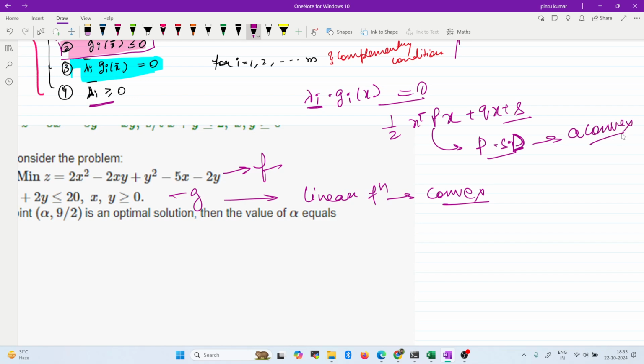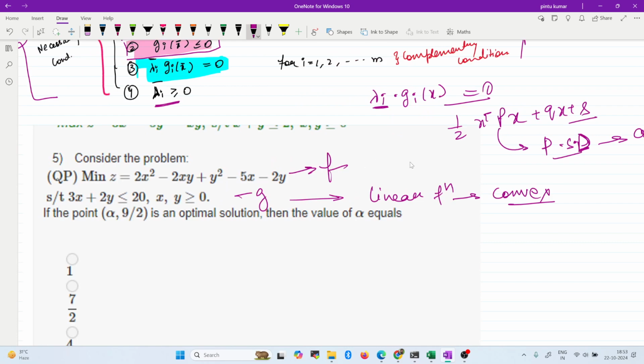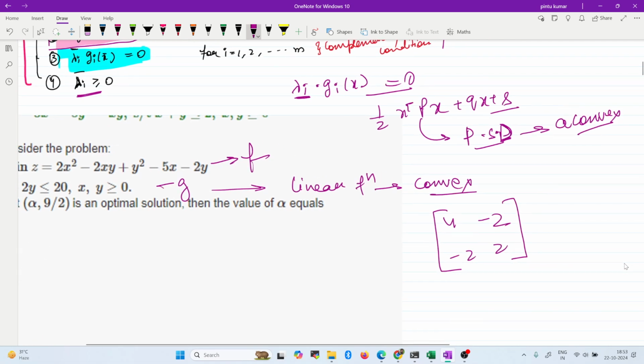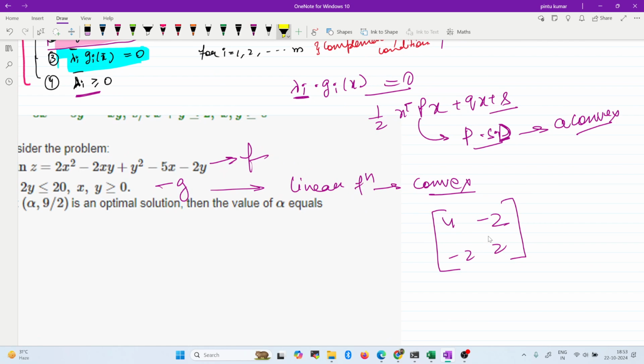So the first thing that we should do is to check whether the f that we are trying to solve is convex or not. If we write the P matrix, it would be 4, -2, -2, and 2. If you look at the leading principal minors, this is 4, which is greater than 0, and its determinant is 8 plus 4, 12, which is also greater than 0.